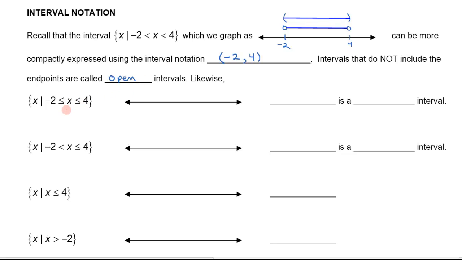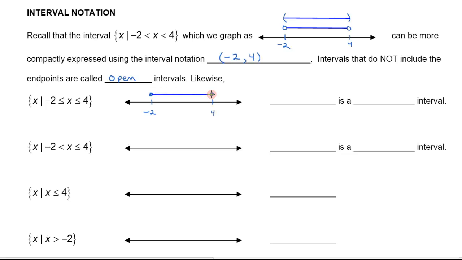Now suppose I wanted a set of x's that are between -2 and 4 that do include those endpoints. So you'll remember that we would use a closed circle to indicate that we include that endpoint.